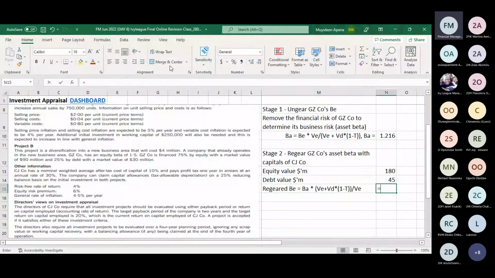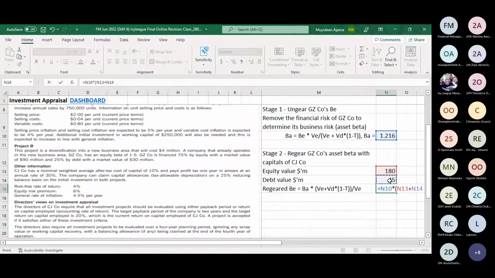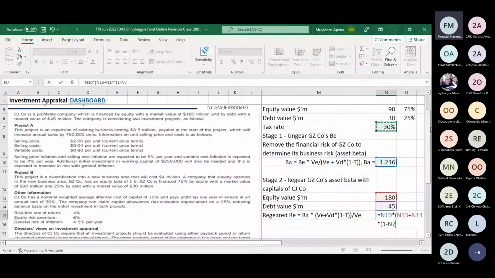So it equals 1.216 multiplied by bracket open value of equity of CJCO plus after-tax value of debt of CJCO, so 45 million times 1 minus tax. This tax rate of 30% is applicable to both companies.